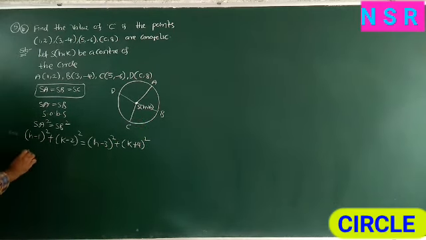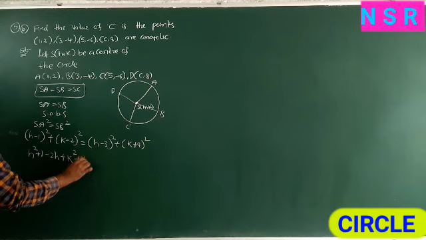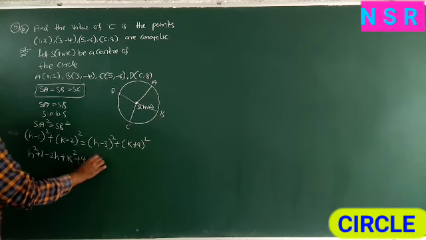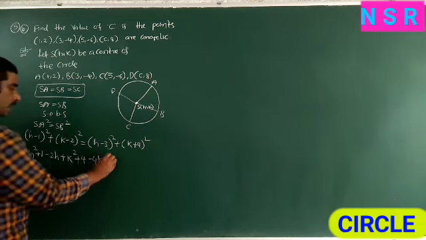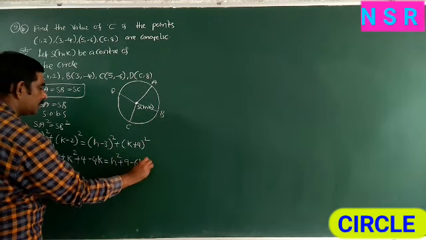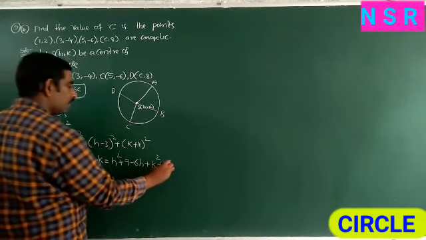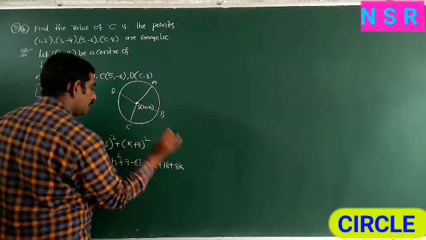Now apply (a − b)²: h² + 1 − 2h, k² + 2² = 4, 2 2s are 4 into k, 4k, equal to h² + 3² = 9, 3 2s are 6 into h, 6h, plus k² + 4² = 16 plus 4 2s are 8 into k, 8k.